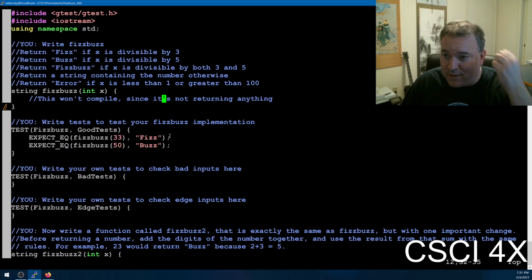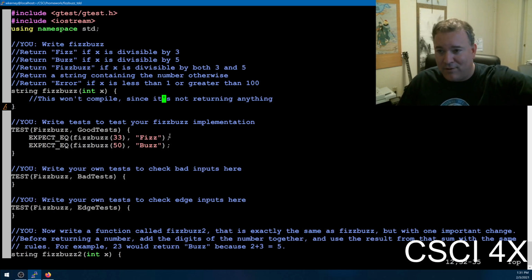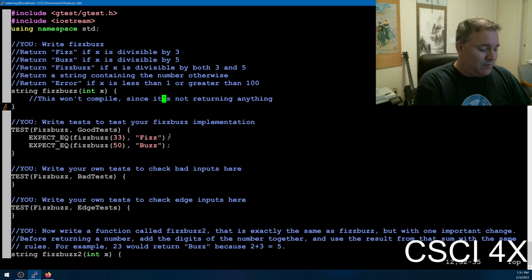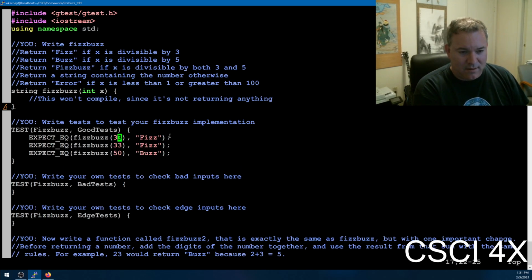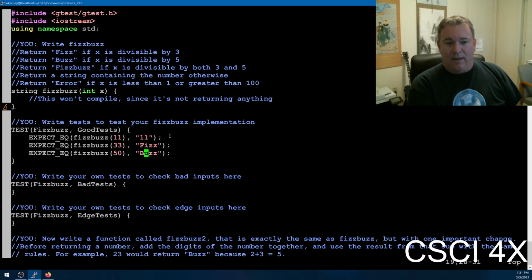is the notion that you write your tests first. So rather than writing your code, then testing it later, what you should be doing is writing something like this: fizzbuzz 1 should output 1, or fizzbuzz 11 should output 11. And you need to have good test coverage.